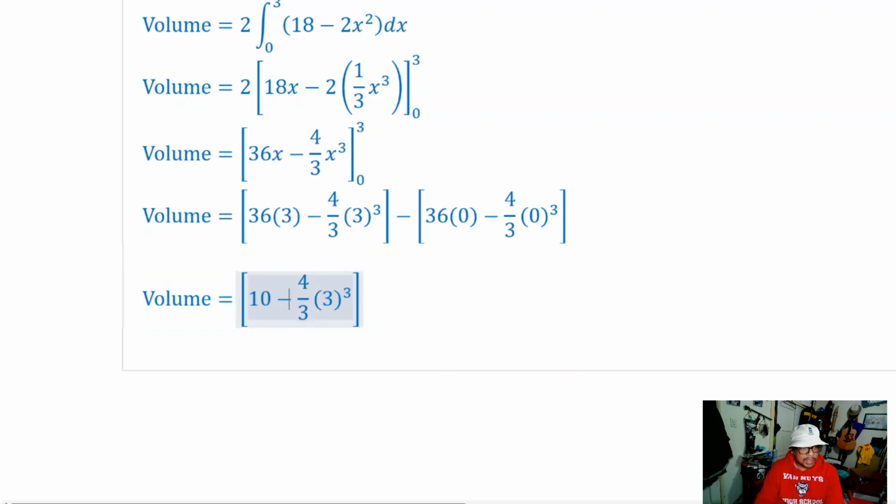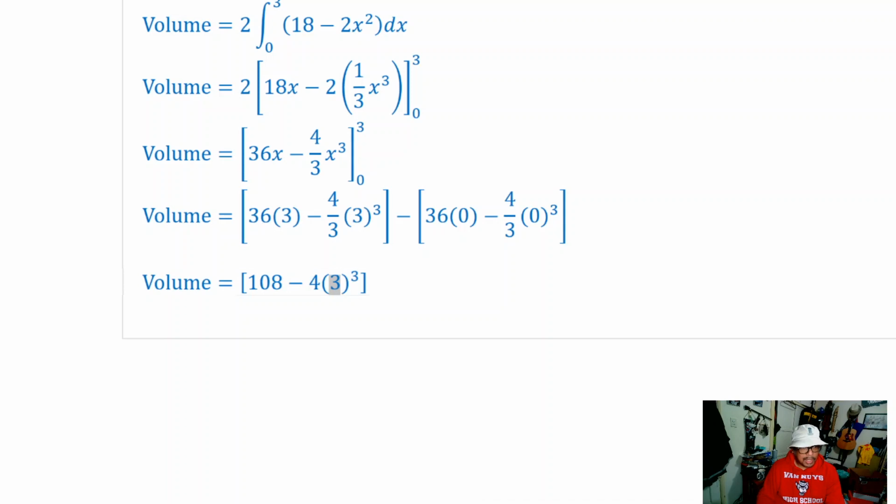This is 108. 3 cubed divided by 3 is the same thing as 3 squared. So 3 squared is 9. So this is 4 times 9. 4 times 9 is 36.